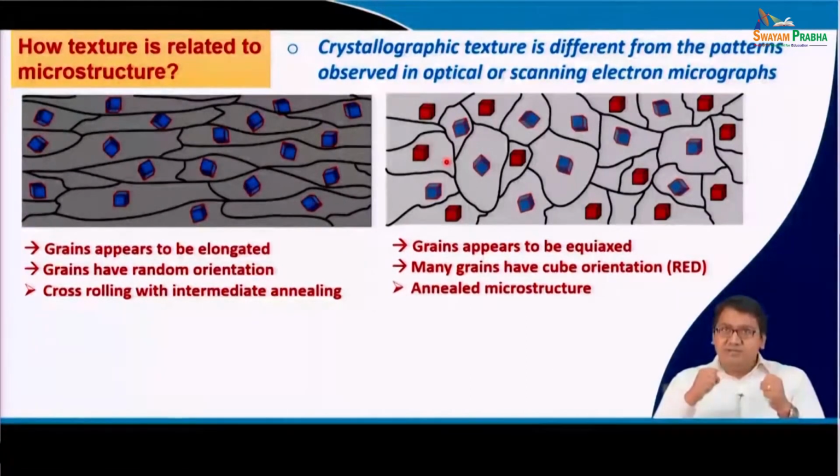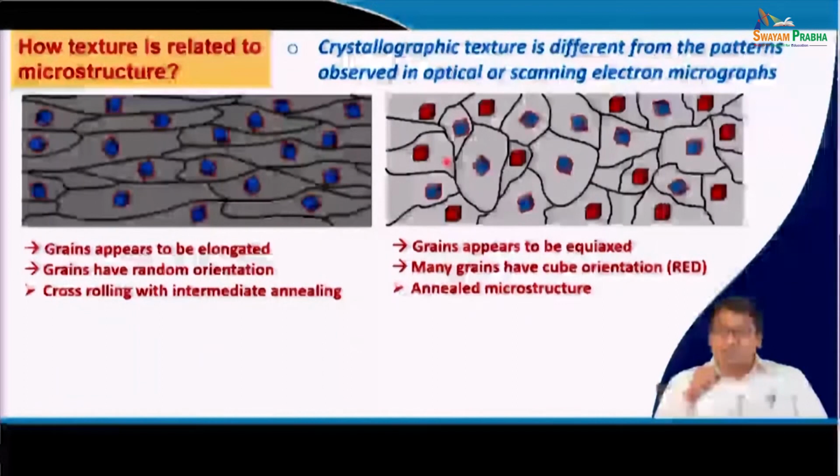So, obviously, if we look into the quantitative microscopy and the unit cells which are red in color, we can see that this cube kind of texture is highly present in the microstructure.